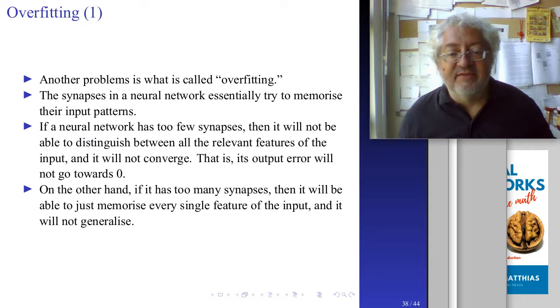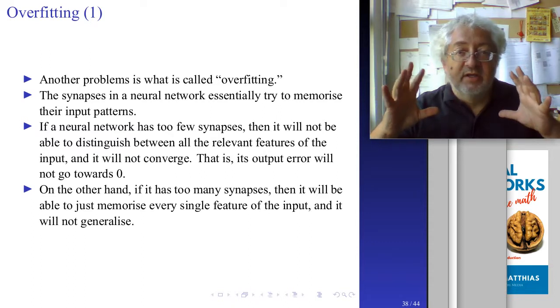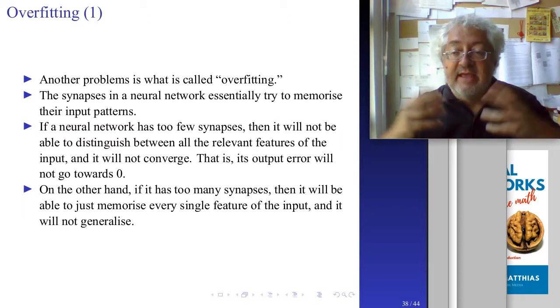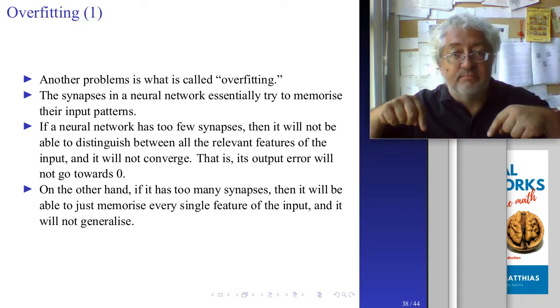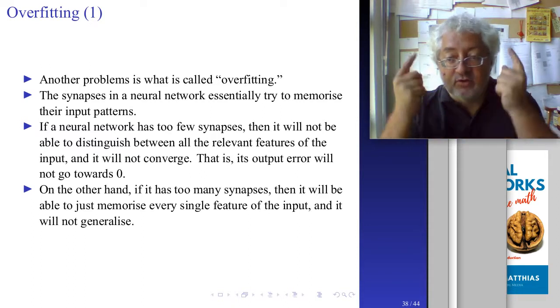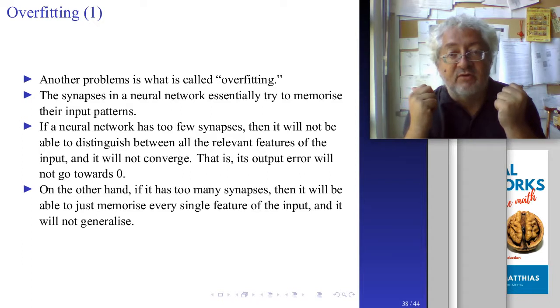On the other hand, if it has too many synapses, then it will be able to memorize every single feature of the input, and not only the features that I want, but every single element of the input, and it will not generalize. So if I had a neural network with thousands of neurons or millions of neurons and pointed it now to this video picture, it will not only memorize my face, but also my glasses and also my hair and also my beard and also the background.